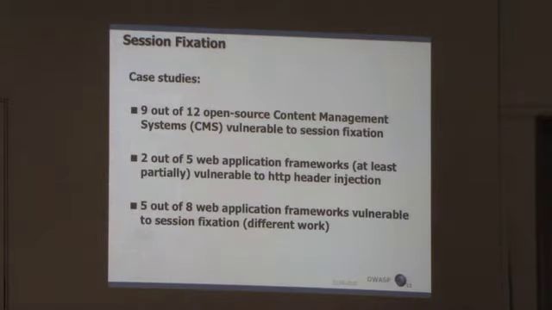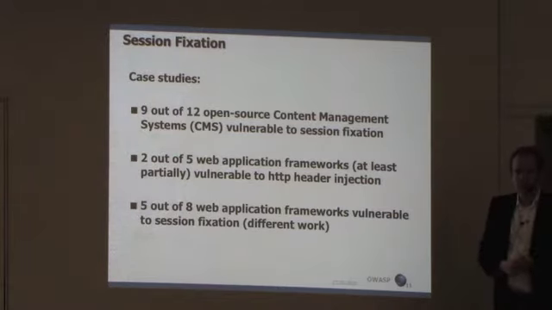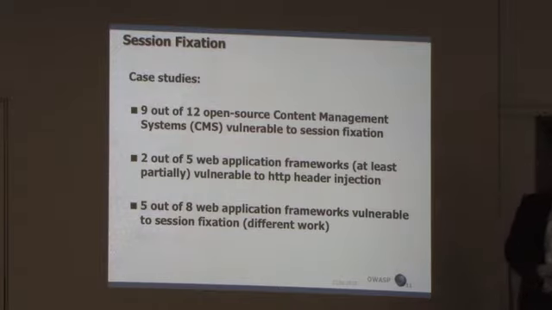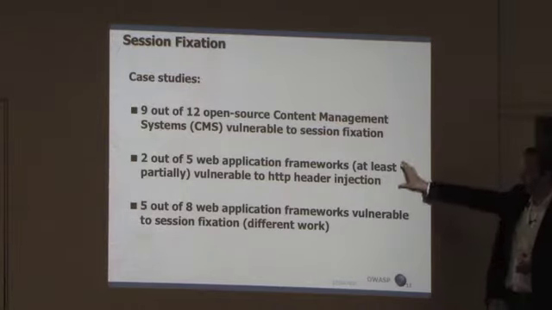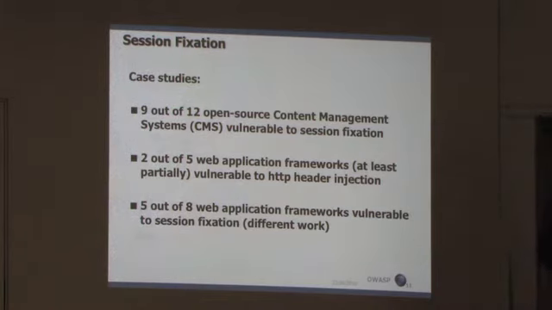So to wrap it up, session fixation: 9 out of 12 open source content management systems were vulnerable to session fixation in one way or the other. Most of them were cookie-based. If you look at web application frameworks, the easiest way to set a cookie on the client is header injection. 2 out of 5 were vulnerable, and a different work says that 5 out of 8 web application frameworks are vulnerable to session fixation.